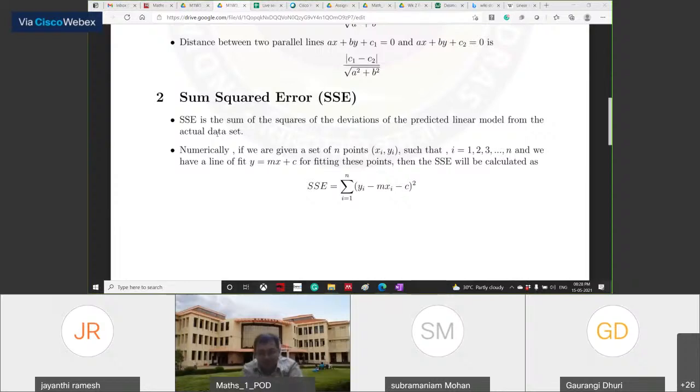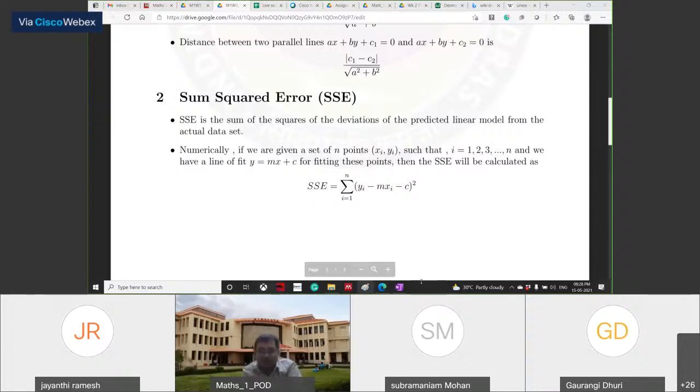Fitting line means we mathematically fit a model, an equation, to the experimental data points or collected survey data points. Why square? Because square gives us all positive values. We don't have to worry that one deviation is +5 and another is -5, and adding them gives 0.